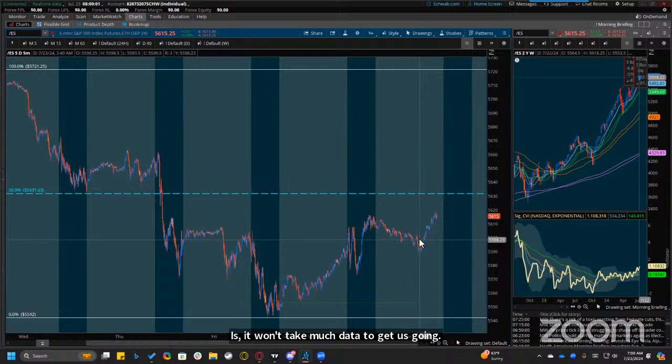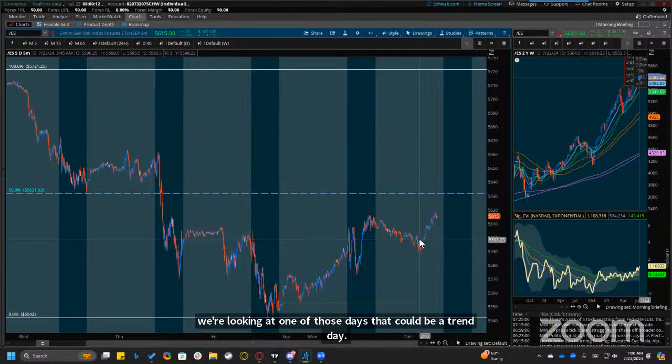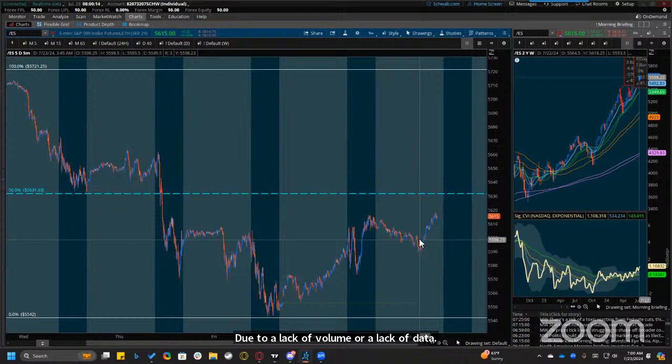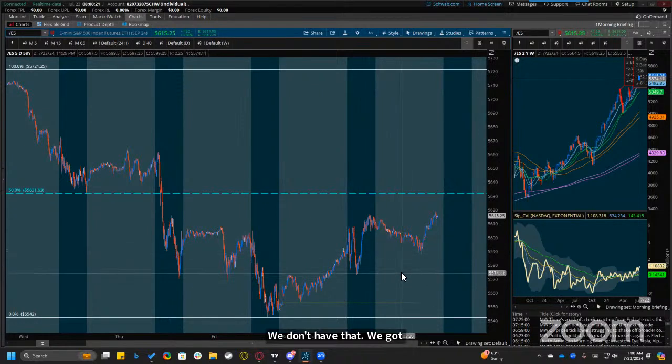The only issue with that is that we got a lot of volume today, when normally, if we're looking at one of those days that could be a trend day due to a lack of data, we usually have a lack of volume as well to start with. We don't have that. We got really good volume this morning in the 80s. So it's on the table. Whether or not we can actually get it is completely different.